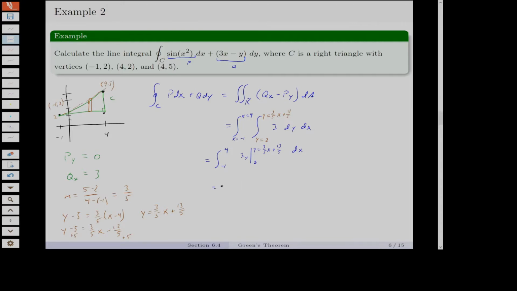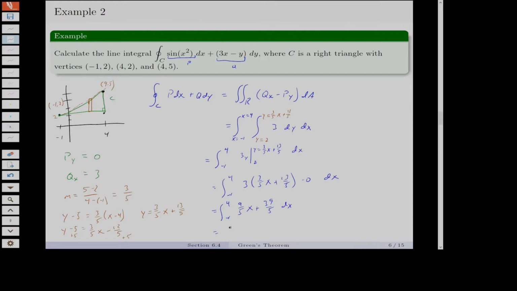Okay, so we plug in. So I have 3 times 3/5 x plus 13/5 minus 0. Okay, I'll distribute the 3. So we have 9/5 x plus 39/5 that we're integrating.